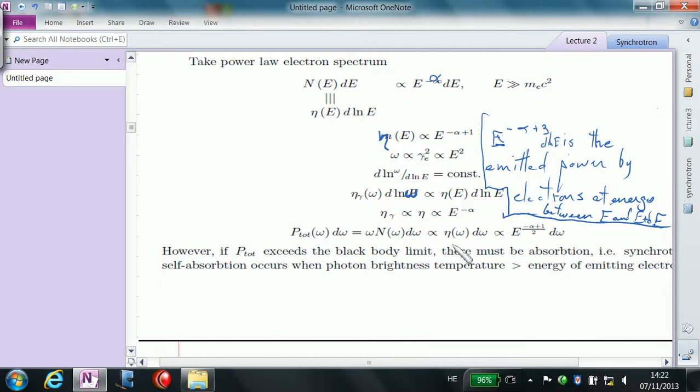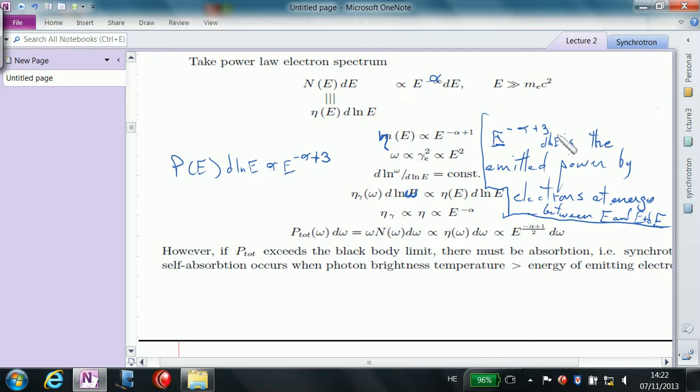This is a totally uncorrected version. Let's say P, the power emitted by the electrons, d log E is proportional to e to the minus alpha plus 3, right?